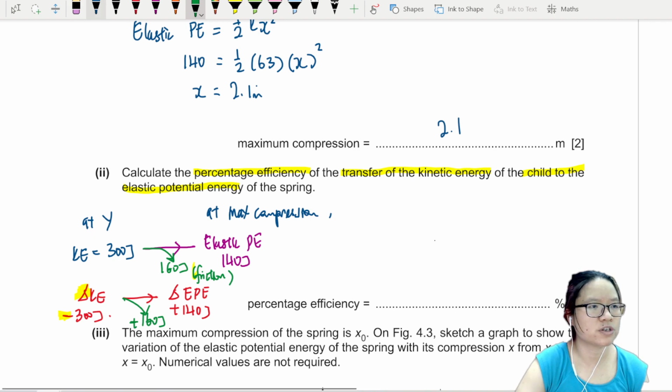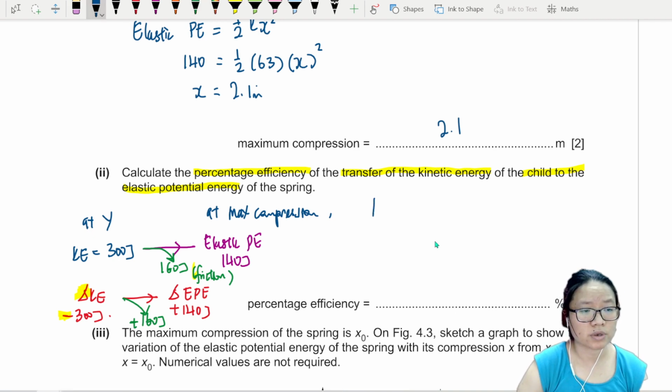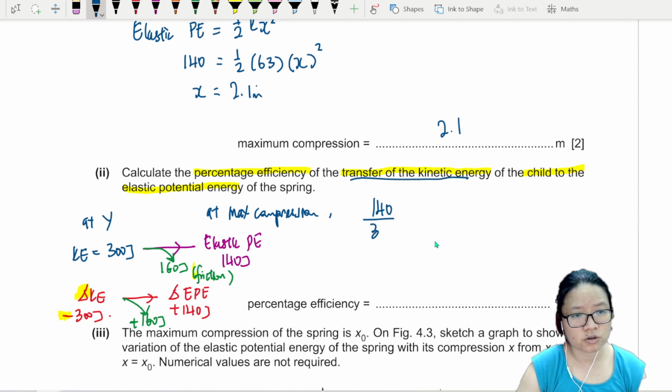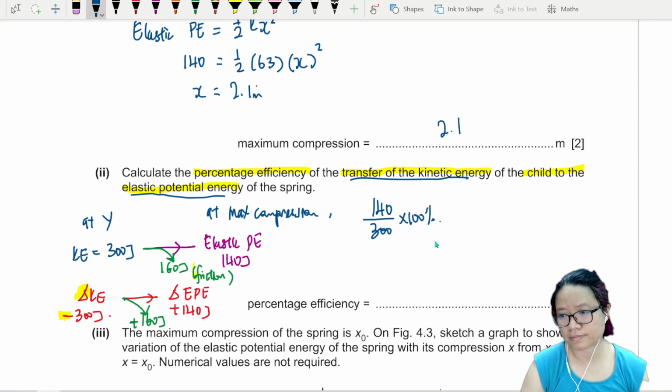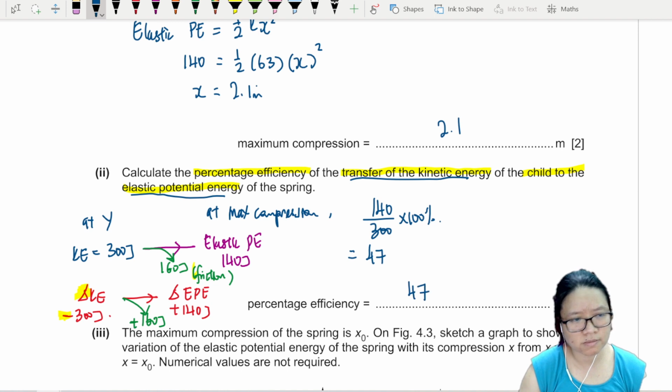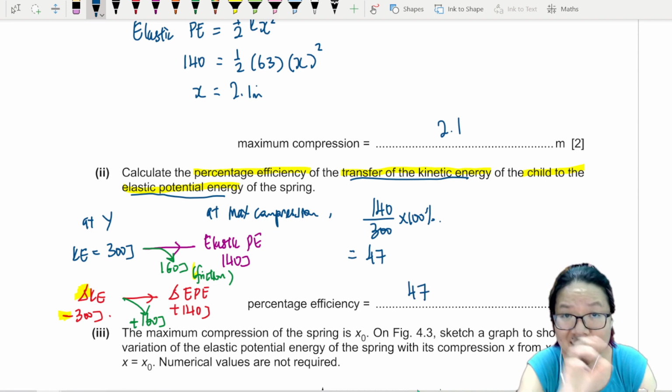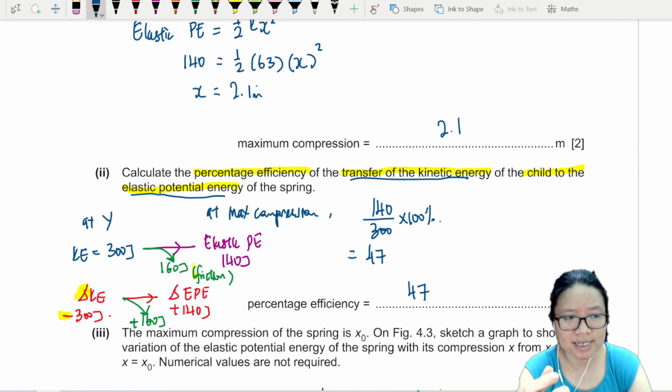So to find efficiency, I will take 140, so transfer of kinetic energy, 300 kinetic energy to elastic potential energy, 140 times 100. This is 47%. Okay, so efficiency is the energy that I can get back. Whatever that is lost as heat, 160 joule, I cannot get back already.